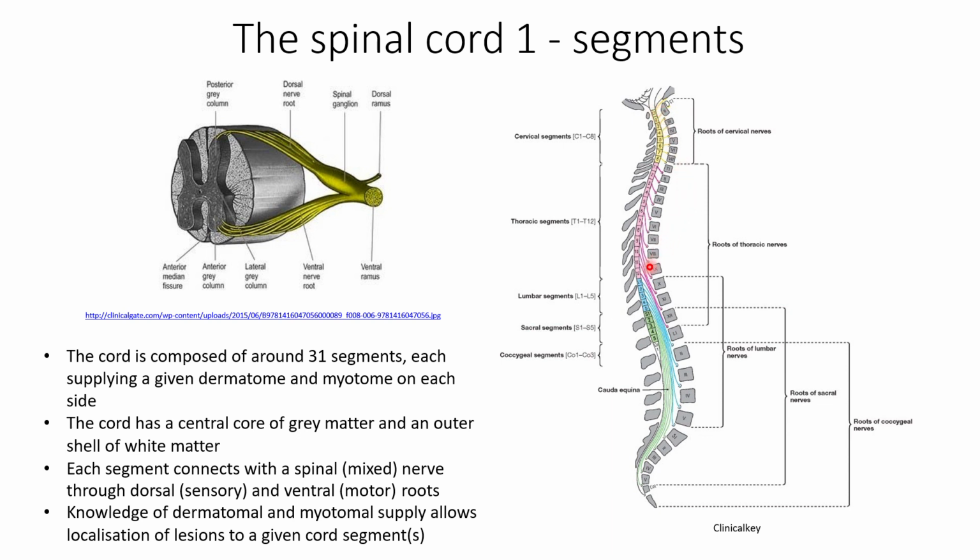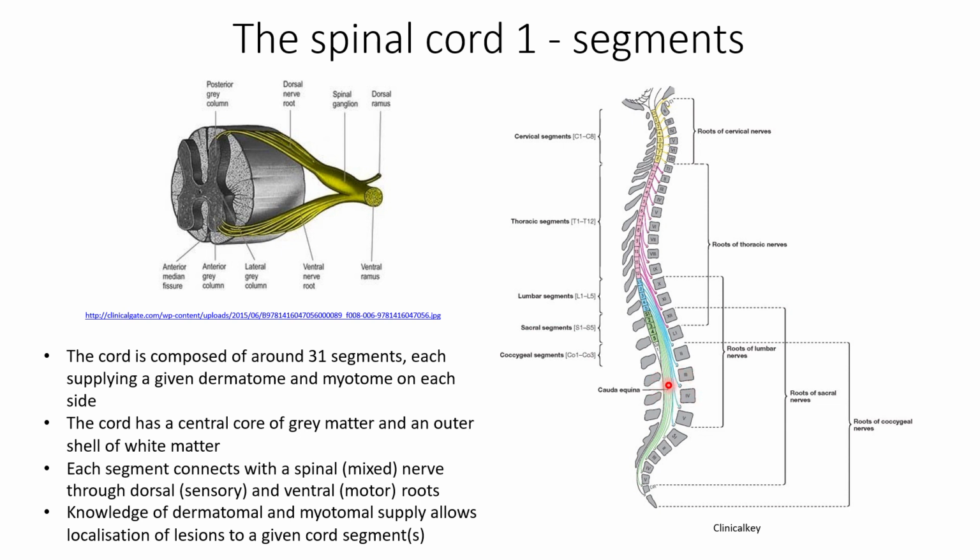However, once we get down to the lower regions, we can see that the roots, the dorsal and ventral roots, have been pulled out, drawn out by the rapid growth of the vertebral column, leaving this structure known as the cauda equina that fills up much of the vertebral canal at the lumbar level.